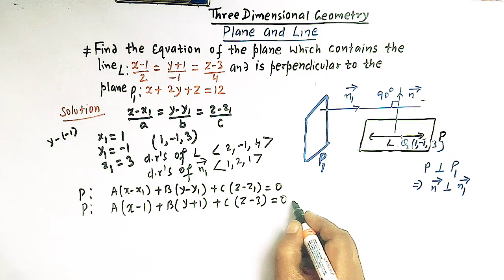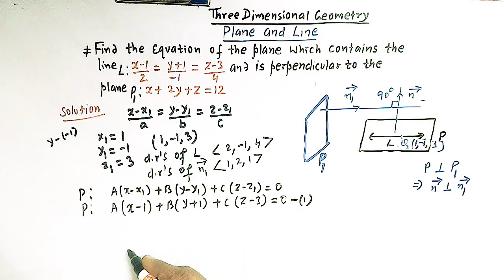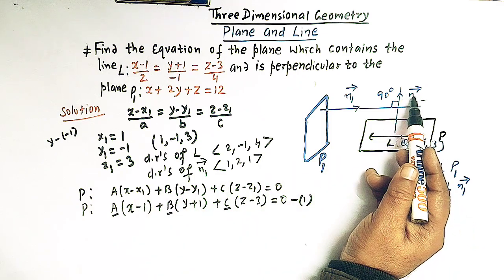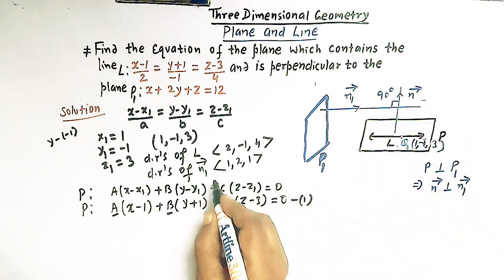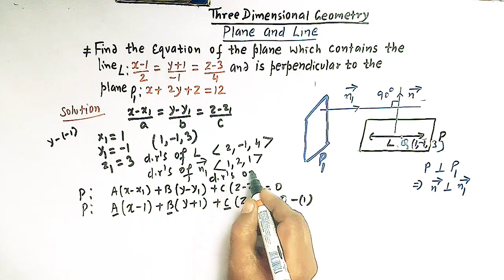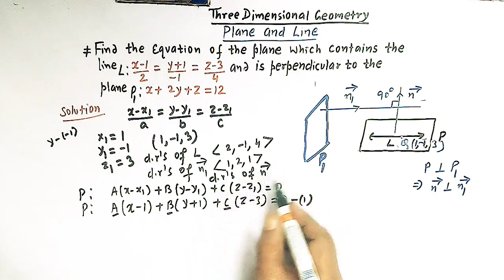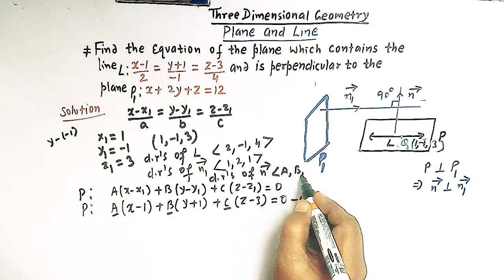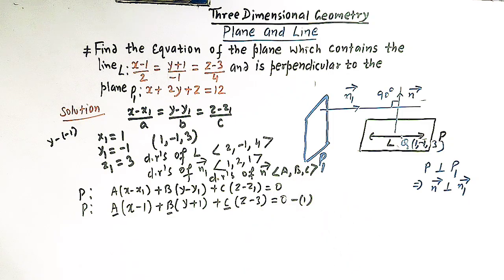So let us call this equation number 1, and here A, B and C are the direction ratios of this normal vector to this plane P. So here we can now write the direction ratios of the normal vector N as capital A, B and C. Now let us apply the condition of perpendicularity of two vectors.